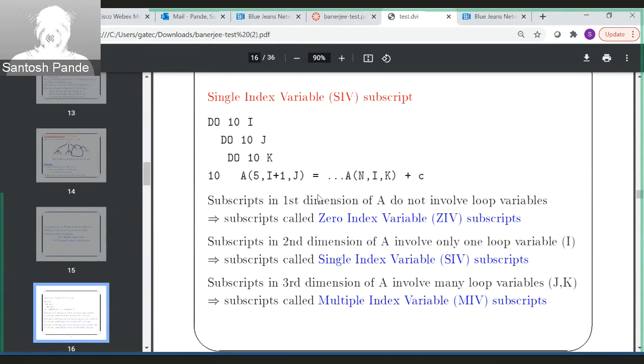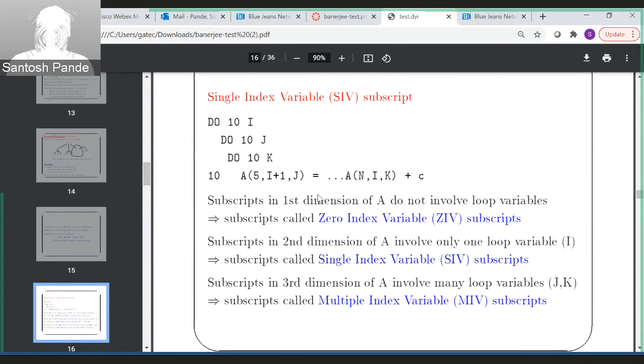If we cannot, then we have to assume that there may be a dependence. Again, remember that we may not be able to prove that there exists a dependence. We may have to actually assume conservatively that there may be a dependence. Like in this case, if we cannot prove 5 is not equal to n for different values of n, then we must assume that 5 might be equal to n for some value of n and assume dependence.